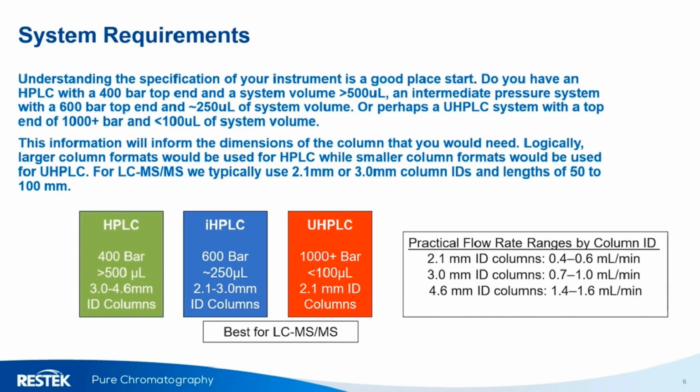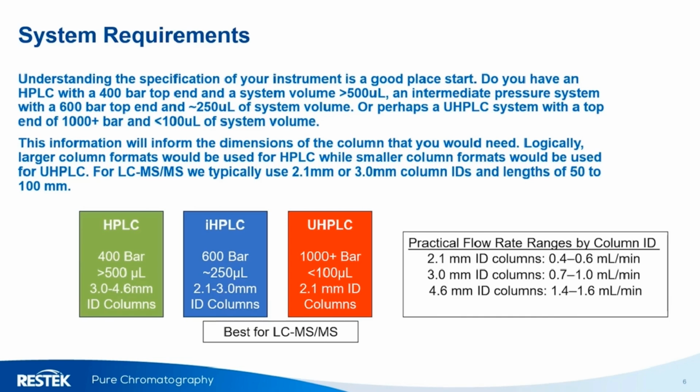And when we're talking about analytical systems for LC-MS-MS, we're typically looking at these 600 bar to 1000 bar systems with the lower system volume as being best for LC-MS, because we can run these lower dimension columns with lower flow rates, which improve ionization efficiency in mass spec.